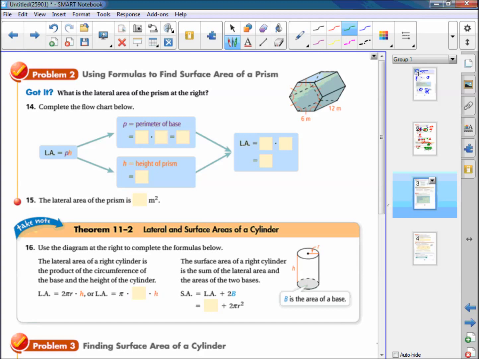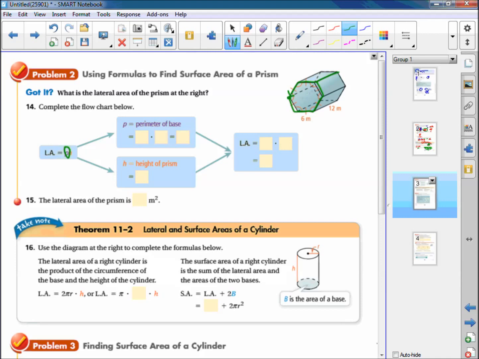All right, so use the formulas to find the surface area of a prism. What is the lateral area of the prism at the right? Complete the flow chart. Remember, our lateral area is going to be the perimeter times the height. So we're going to think of this unfolding to one giant rectangle where this is the length and that's our width.